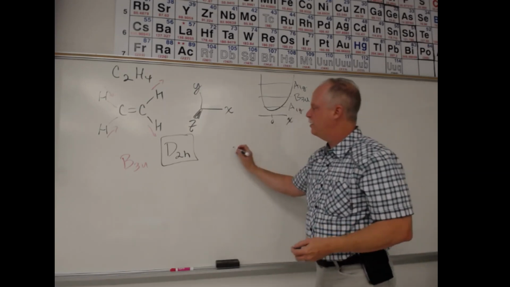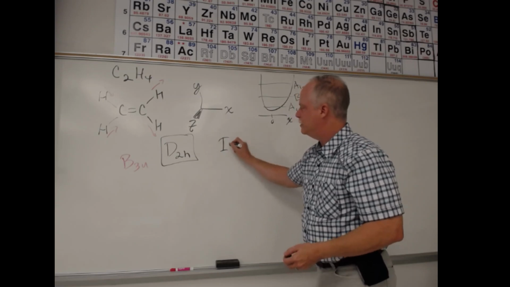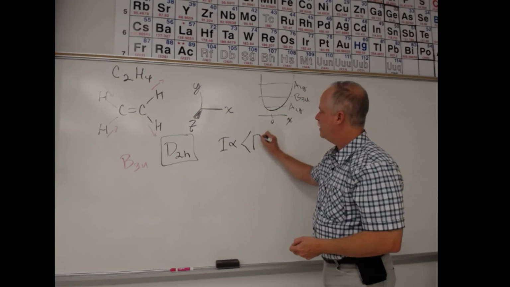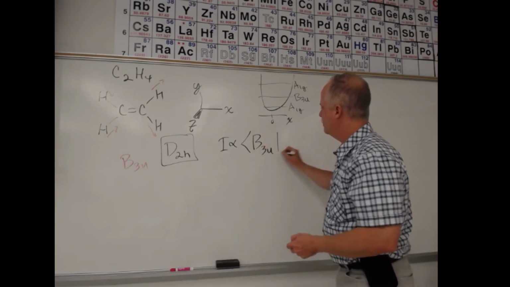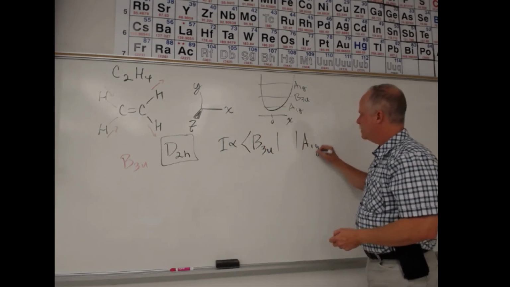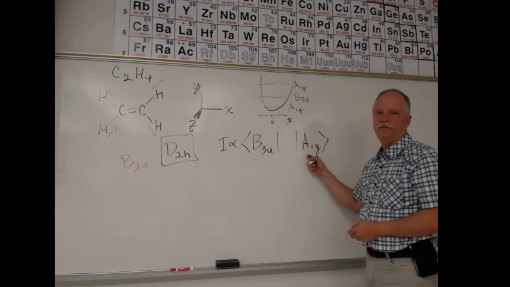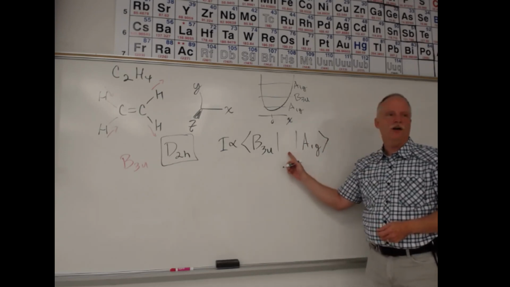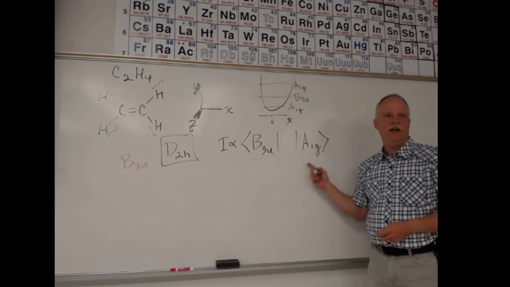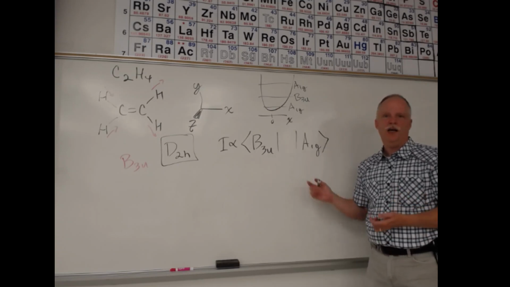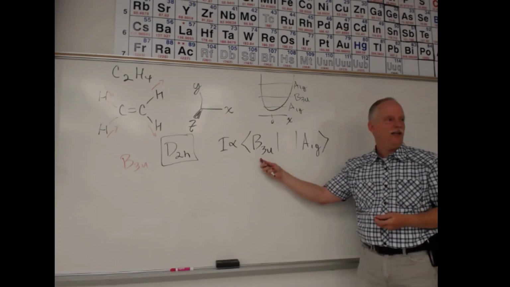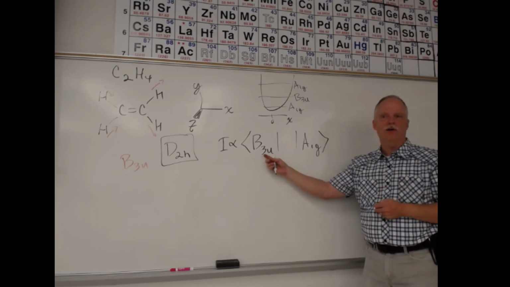So if we wanted to know if this was excitable by light, we would have this B3u here and A1g here. And what do you think is going to go here in the middle to get this to be A1g, top row? Yeah, we need something identical to this to cancel out the broken symmetry.